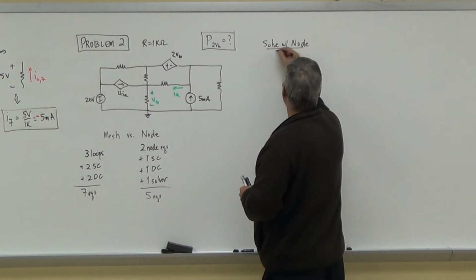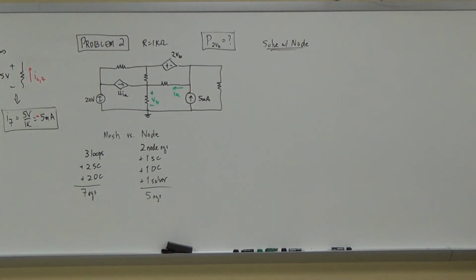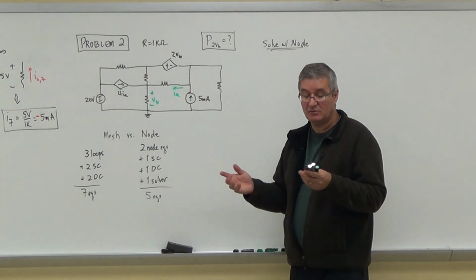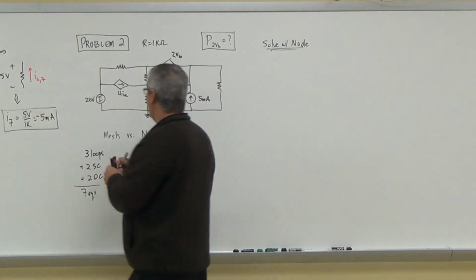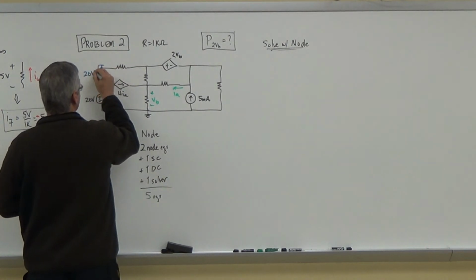So now let's get real. Let me see if I agree with my notes. Yeah, I do. So let's check it out. What am I going to do? I'm going to color these guys as always, as before. I know that this node here must be 20 volts.